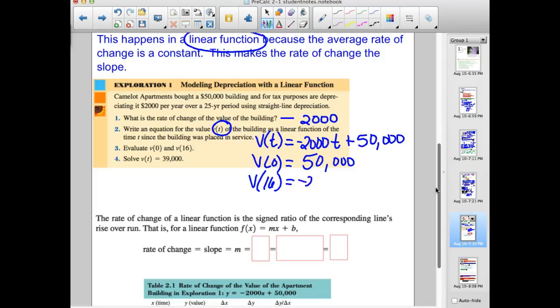So put a 16 in there. $2,000 times 16 would be $32,000. So negative $32,000 plus $50,000 would be $18,000. So after 16 years, the value of the building is down to $18,000.